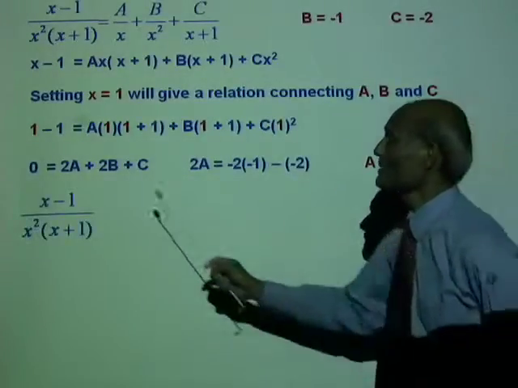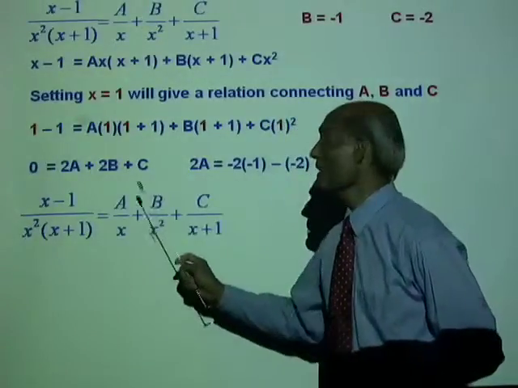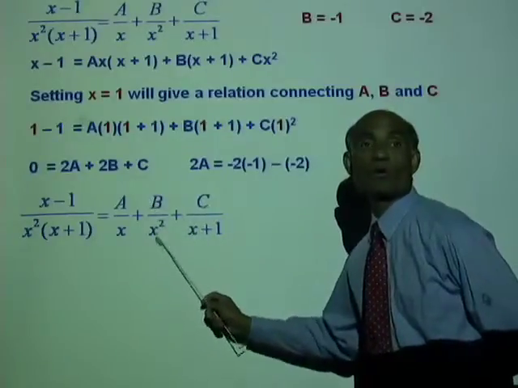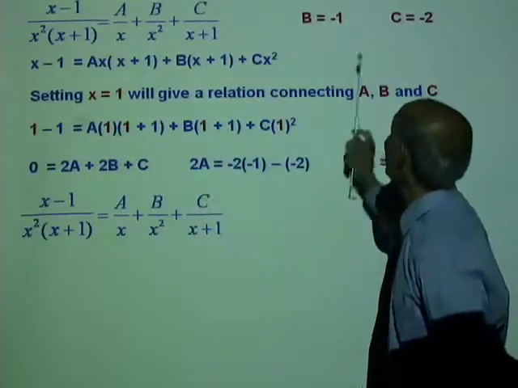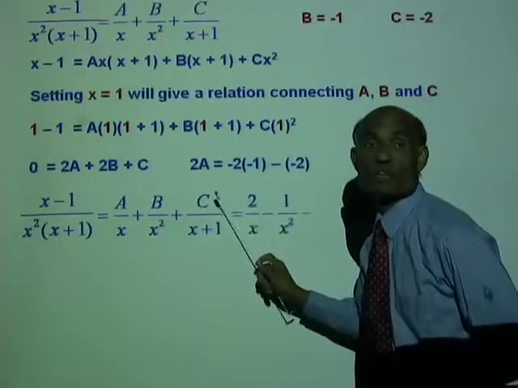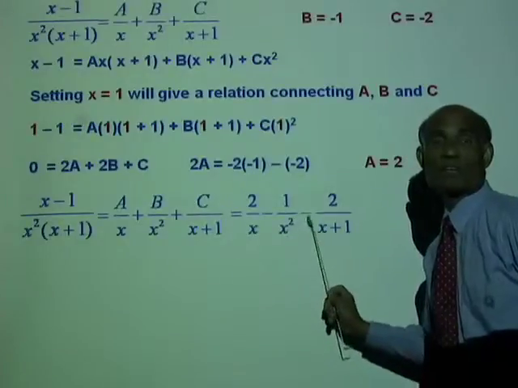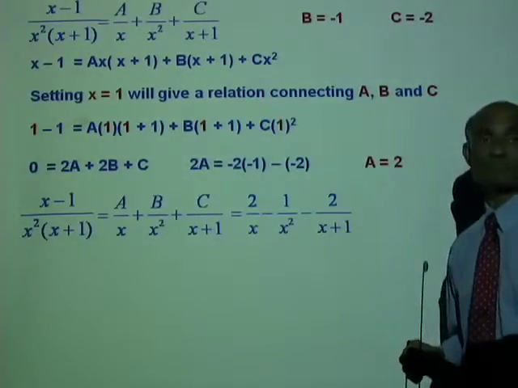And bring all those values, what will this expression now become? It will become A over x, where A equal to 2, plus B over x squared, where B equal to -1, and C equal to -2. That will be 2 over x minus 1 over x squared minus 2 over x plus 1.